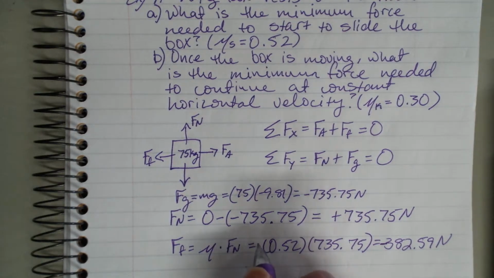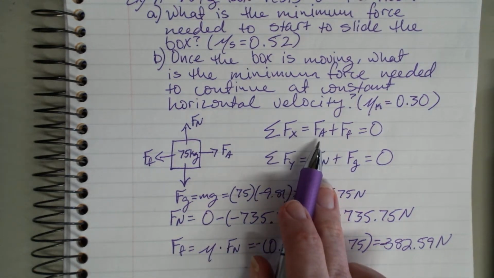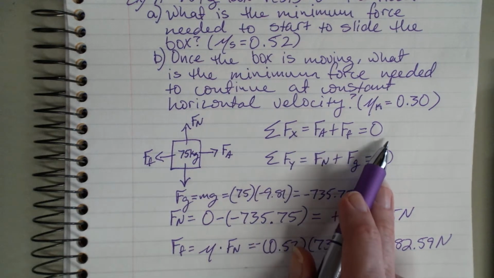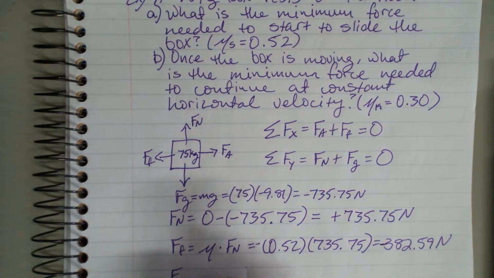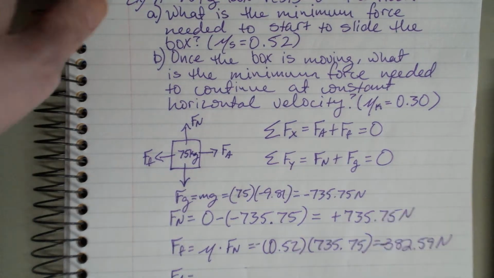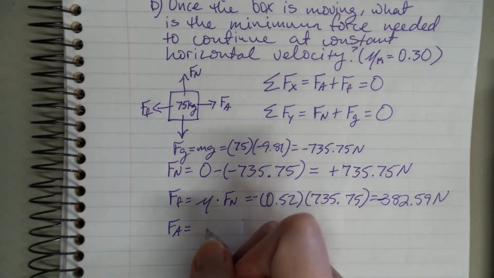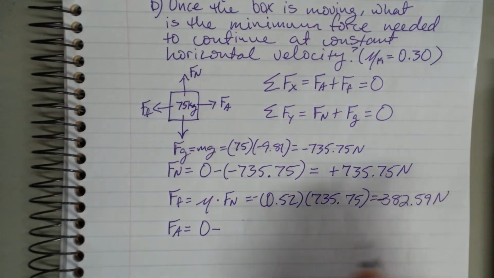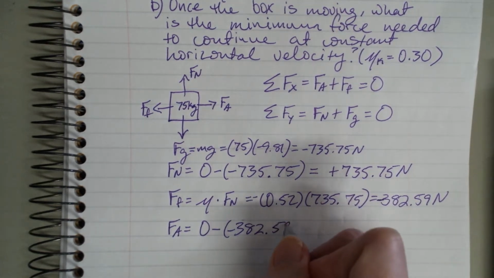So negative. Then according to my Fnet in the x, my force applied is equal to 0 minus my friction. So my force applied, which is what they're asking for, the minimum force needed to start this thing moving, is equal to 0 minus that number, which is negative 382.59.